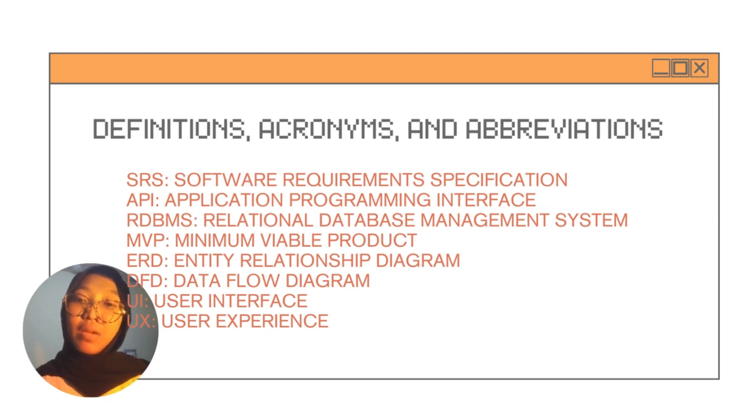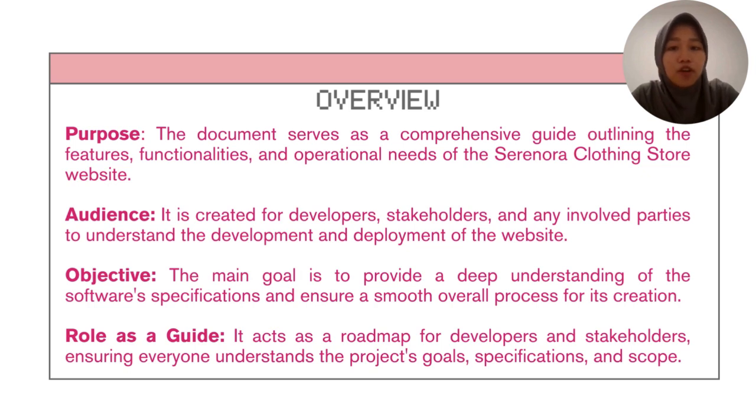API is application programming interface, and RDBMS is relational database management system, and MVP is minimum viable product, and ERD is entity relationship diagram, and we have DFD. DFD is data flow diagram, and UI is user interface, and the last is UX. UX is user experience.